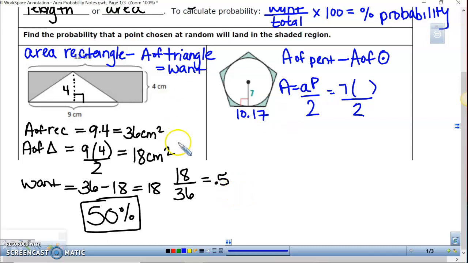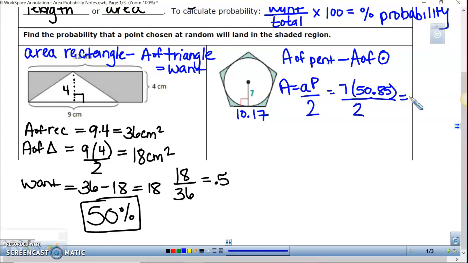So if we want the perimeter, we take that 10.17 and times it by 5 sides. That gives us 50.85. So go ahead and add 10.17 as a side length of the pentagon. All right, so we have 50.85 times 7.